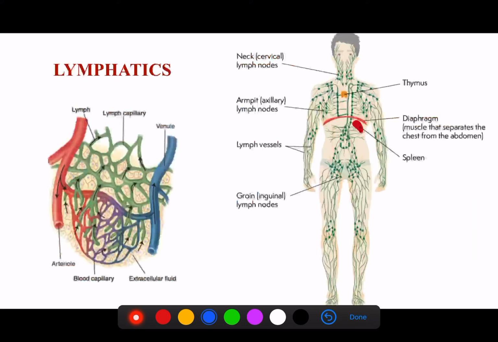It collects extra fluid from the whole body, and protein, and also carries lipid from the digestive tract to the hepatic system. It returns it to the vena cava and to the blood.